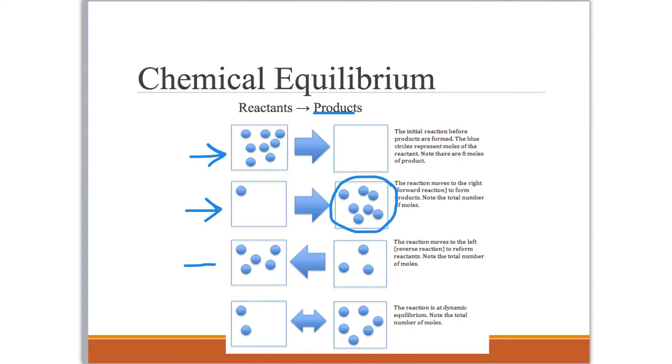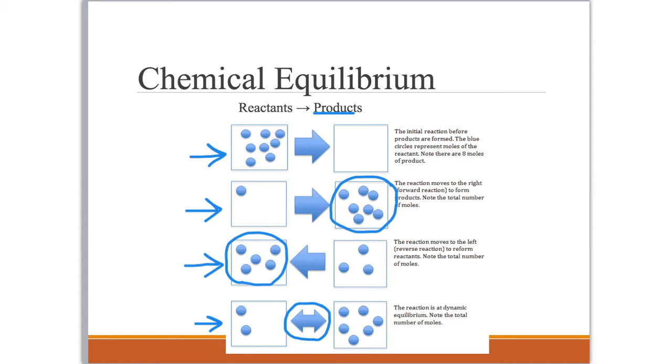In this third example, the reaction now is more favoring of the reactants. We have more reactants piling up than we have products. And then eventually we'll reach a point where things are at equilibrium, where we see this double arrow showing that there's both a forward reaction happening and a reverse reaction happening.